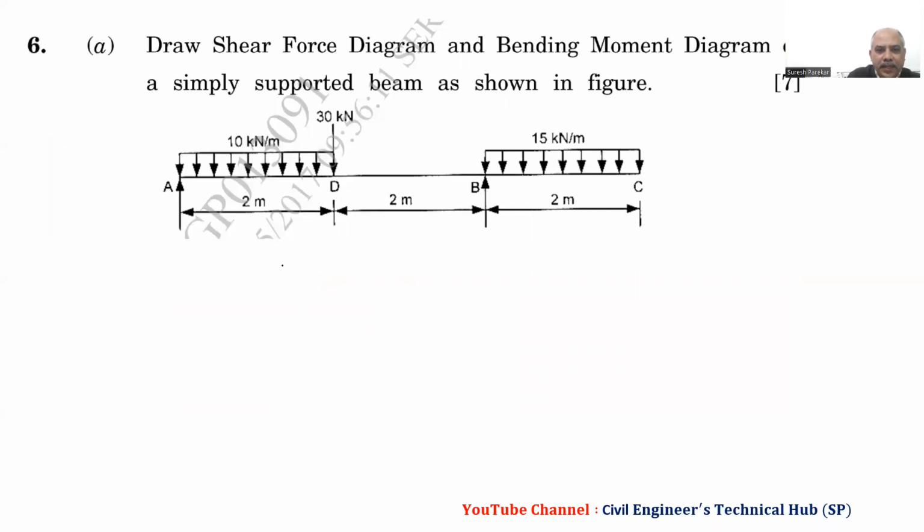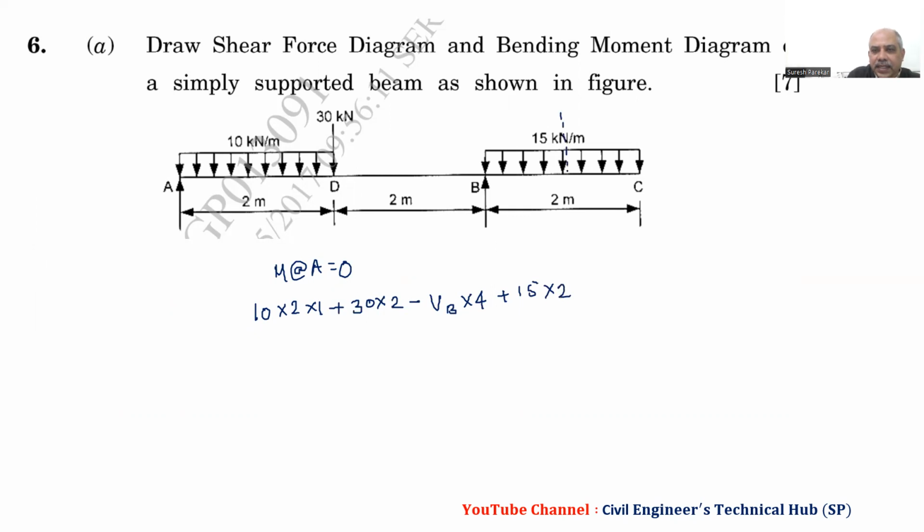So now we have moment about A equal to 0. Then we have 10 into 2 into 1, plus 30 into 2, minus VB into 4, plus 15 into 2.